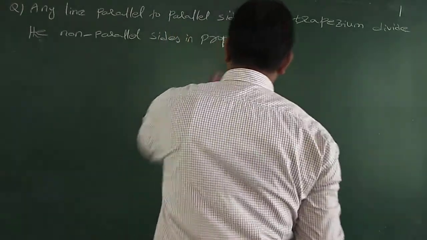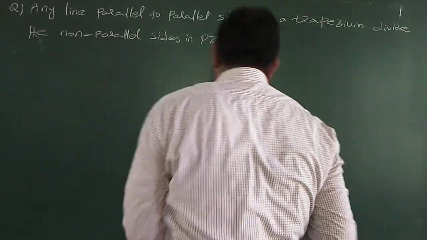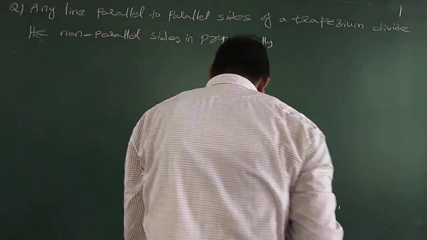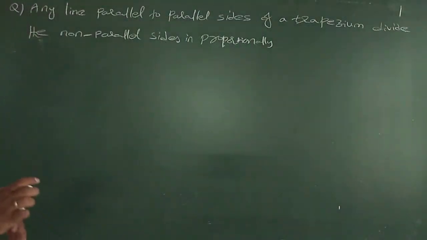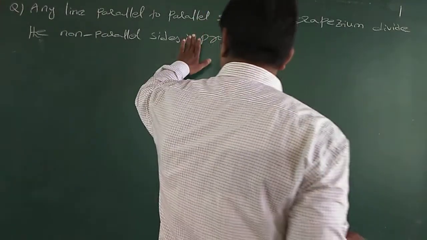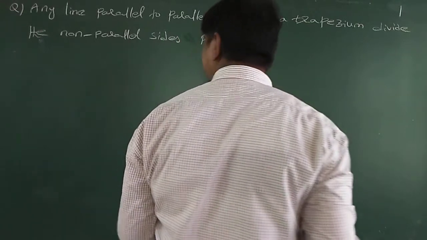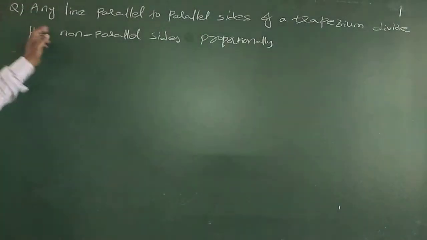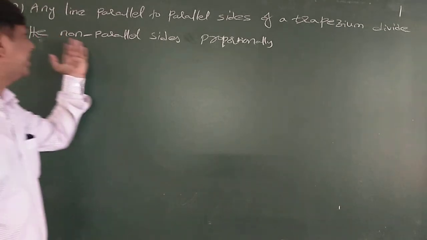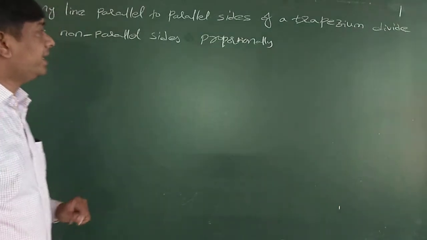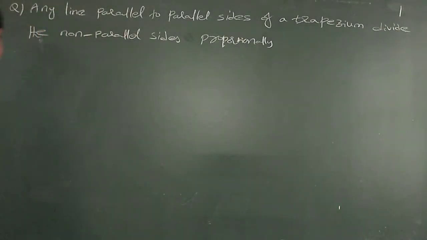Okay, any line parallel to the parallel sides of a trapezium divides the non-parallel sides proportionally.